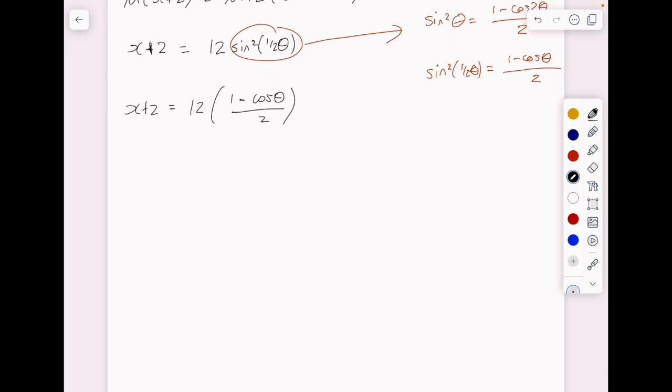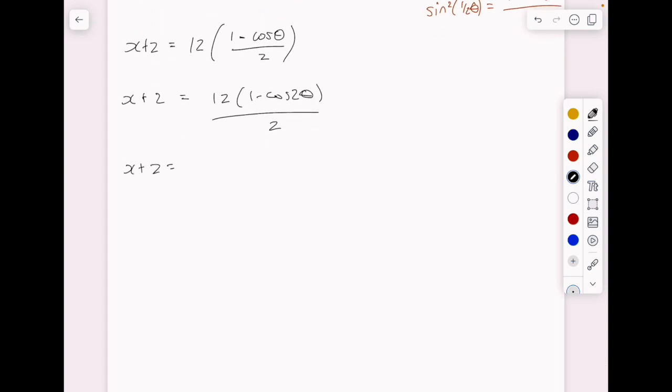Okay, because we plugged this in. So from here, we can simply say, all right, x plus 2 is going to equal 12 times 1 minus cos 2 theta over 2, okay, x plus 2, and then it's going to equal 6 times 1 minus cos 2 theta.